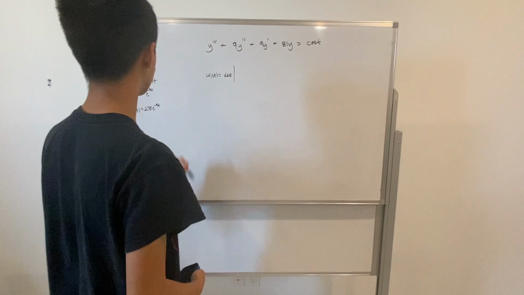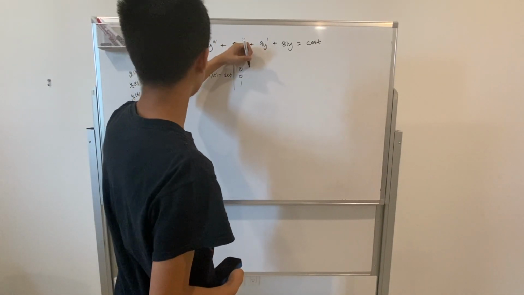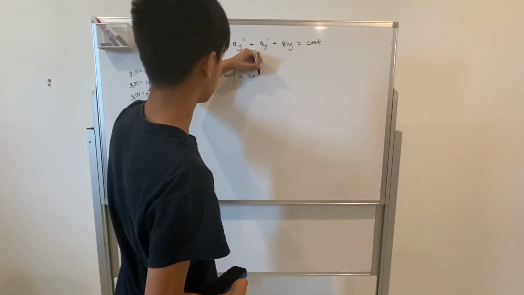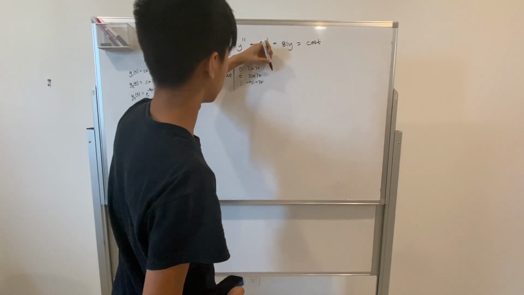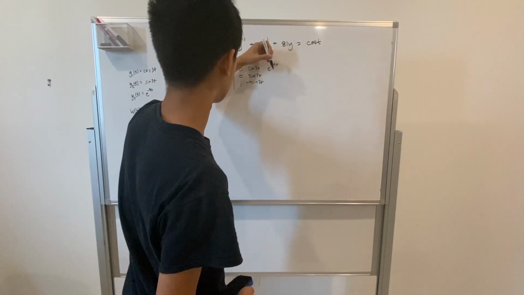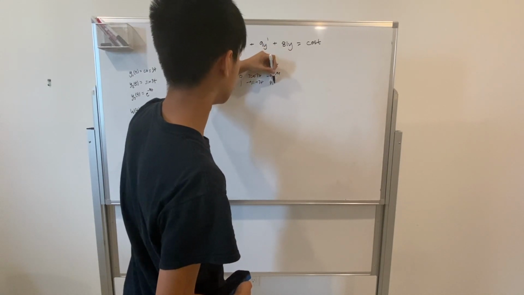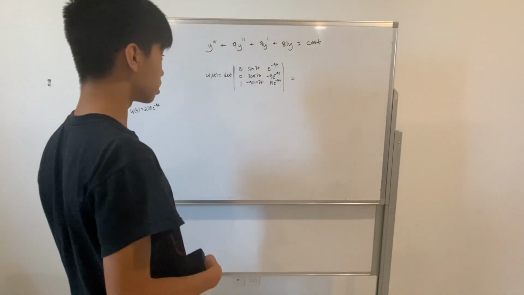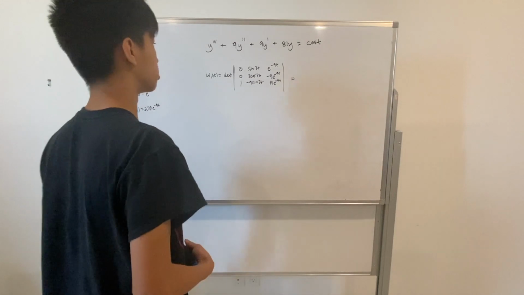Determinant of 0, 0, 1, sine 3t, 3 cosine 3t, negative 9 sine 3t, e to the negative 9t, negative 9 e to the negative 9t, 81 e to the negative 9t. And it's considerably more simpler because the first row is completely taken out.